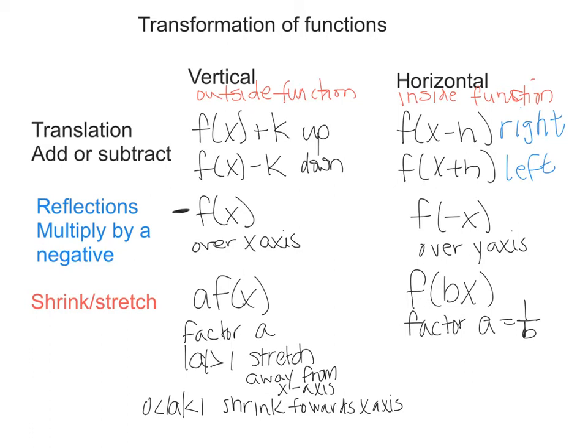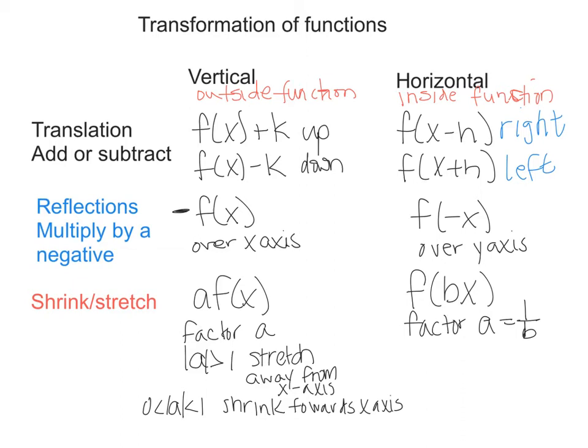The shrink or stretch factor is the reciprocal of the number in the function, 1 over b. So if this is a 3, my factor is 1/3. If it's 1/3, my factor is 3. The same information applies as to whether it's a shrink or a stretch when you look at the actual factor, not the number in the equation.